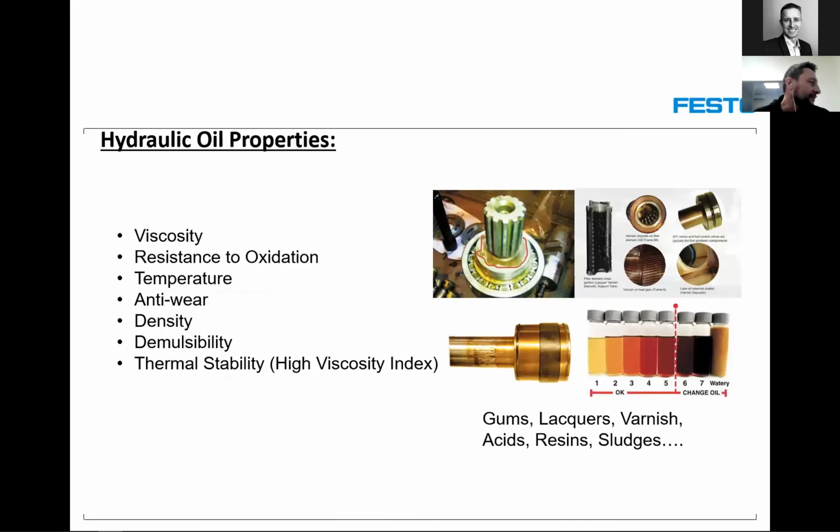Okay, if you look at the next slide, this is just some of the properties that we will also run through when you do the basic hydraulics course with us. There are a lot of other properties as well, what you can expect from the oil, such as the filtrability of the oil, the life expectancy, and the frictional resistance.